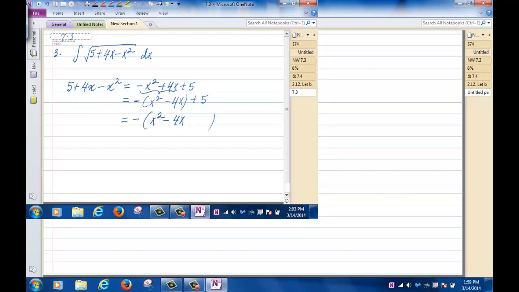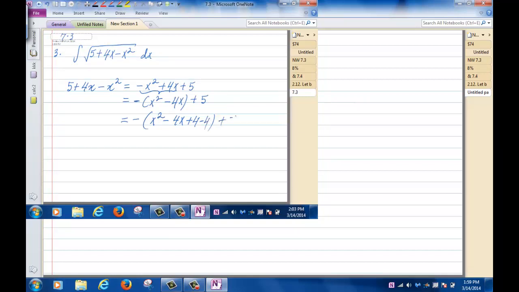Now, what I need to do is look at the coefficient of x, and the coefficient of x is 4. Take half of that, which is 2, and then take the square of that. So 2 squared is 4 again. So I'm going to add a 4, but because I didn't have a 4, I have to subtract that 4 as well.